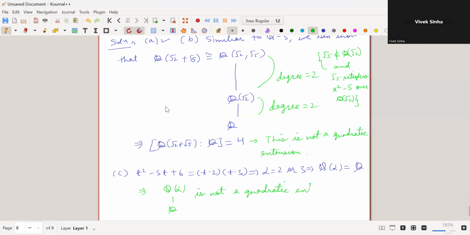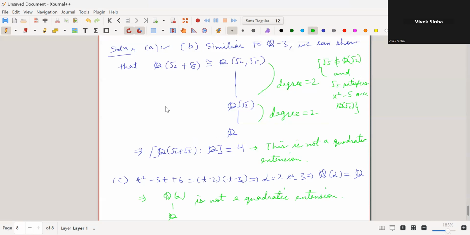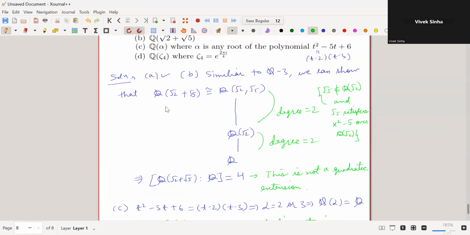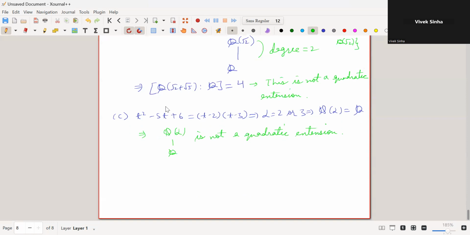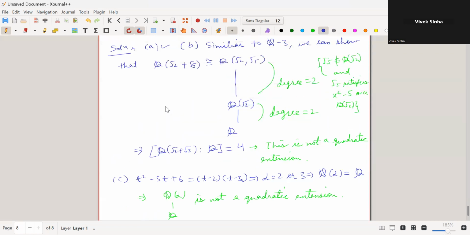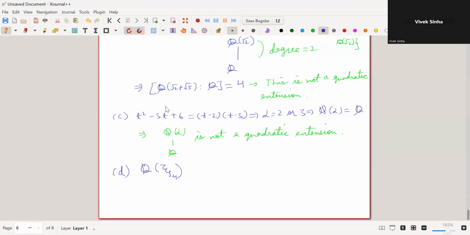What about the last one? It is Q(C4). C4 is e to the 2 pi i by 4. Q(C4), the fourth root of unity. The fourth root of unity is nothing but i, no?